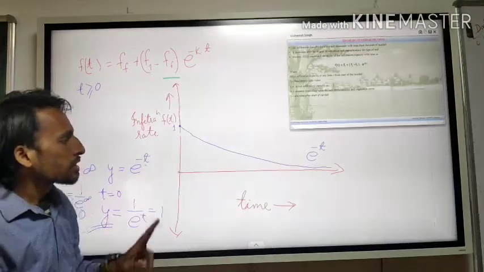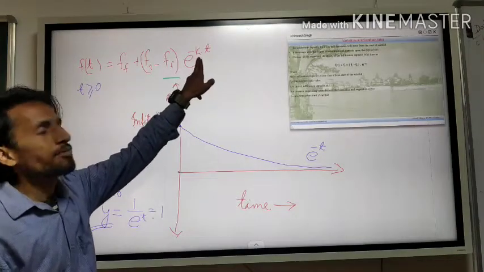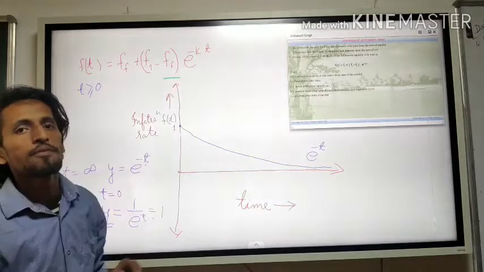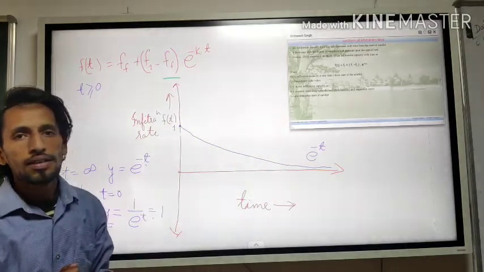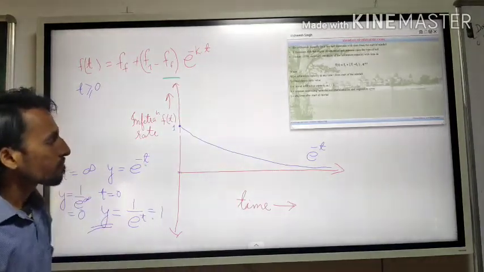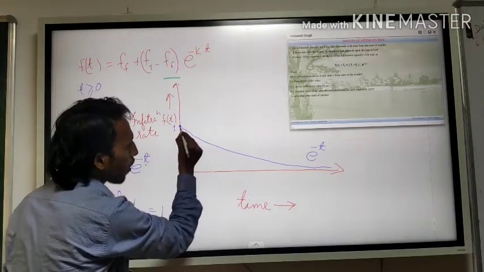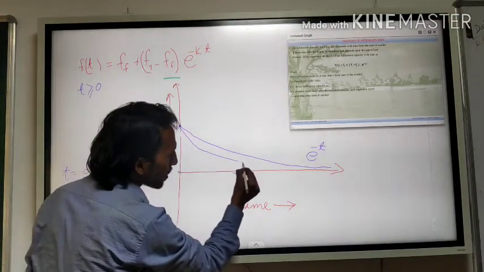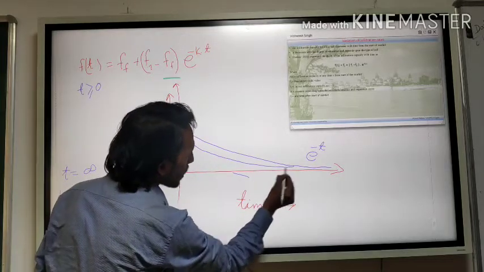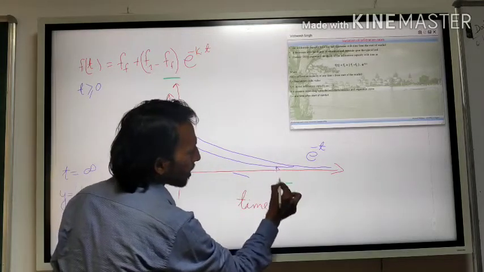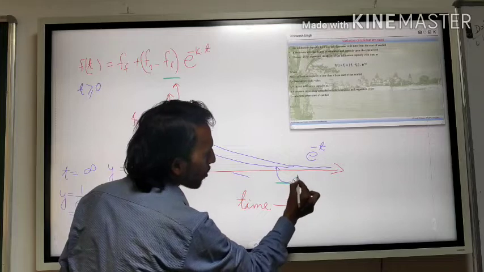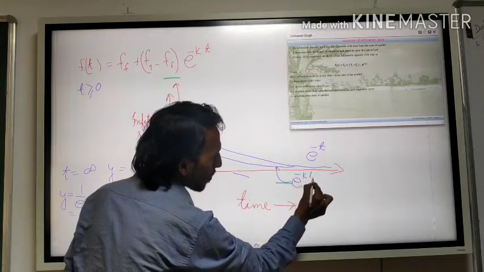If you multiply by some constant k, the value has to decrease, so at any point the value will decrease. So if you draw another curve, it will be like this. This is your e to the power minus kt curve.